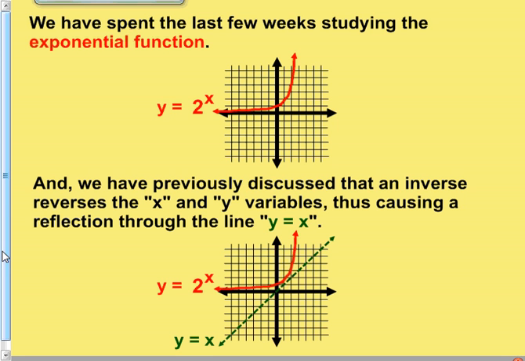Okay, so there is y equals x in the graph along with our basic parent function y equals 2 to the x. You can just add that line into the graph that you already have. You don't have to draw a new graph or anything like that.